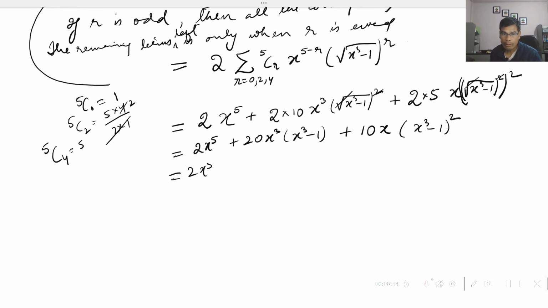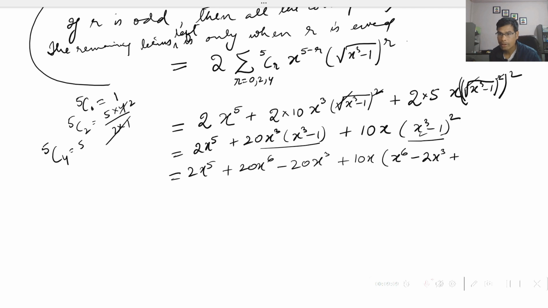So 2x to the power 5 plus 20x cubed times the expansion, minus 20x cubed plus 10x. Now if we expand this, it will be equal to the square of the first, the square of x cubed, which is x to the power 6, minus 2 times the product of x cubed and 1, plus the square of the last one, which is 1.